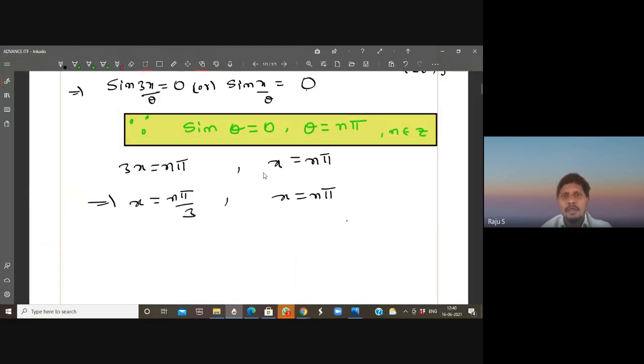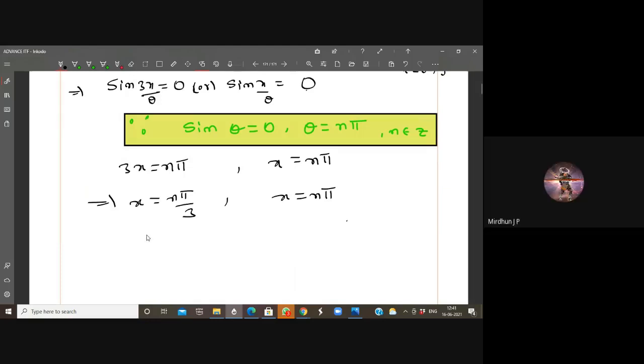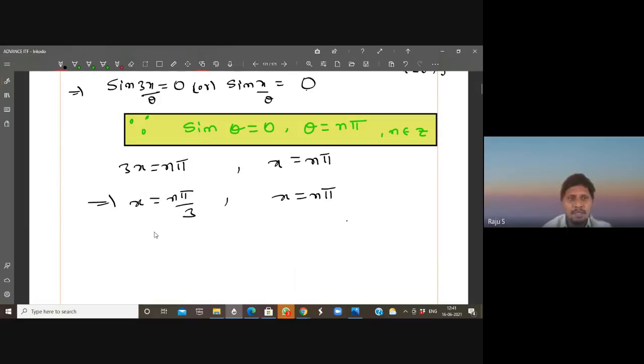Sin theta is equal to 0, theta is equal to n pi. In place of theta, 3x is there, so 3x is equal to n pi. Finally, x is equal to n pi or n pi by 3, where n belongs to Z. That's it. This is the general solution.